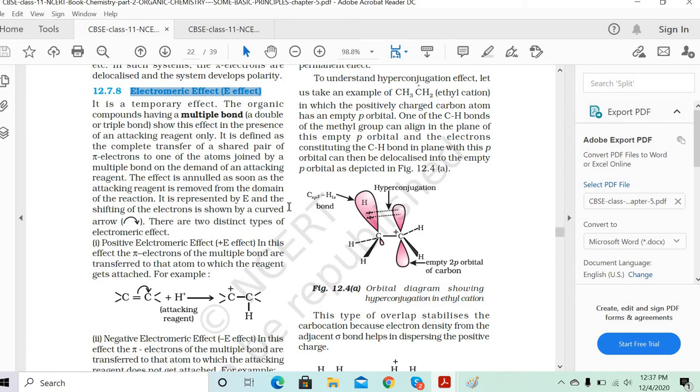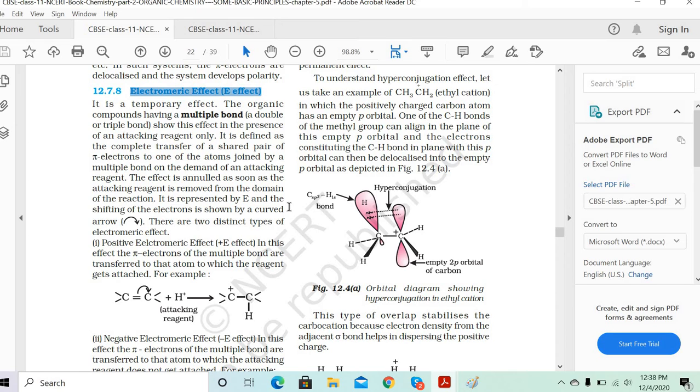Done. Okay, good. Next, now in the electromeric effect, what happens? Whenever you see a double bond between carbon atoms, there is an attacking reagent. The attacking reagent has to attack the carbon bond.